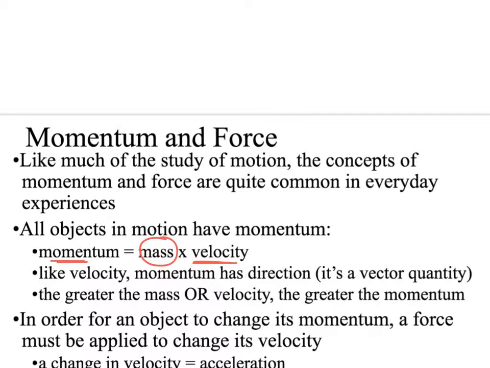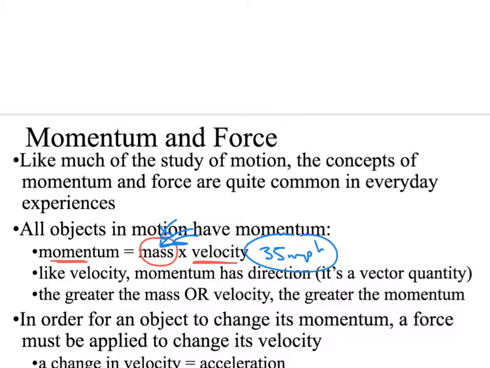So if I have, for instance, a bicycle going down the road at 35 miles per hour, it has a certain mass. But instead of a bicycle, let's substitute a Mack truck going the same speed.